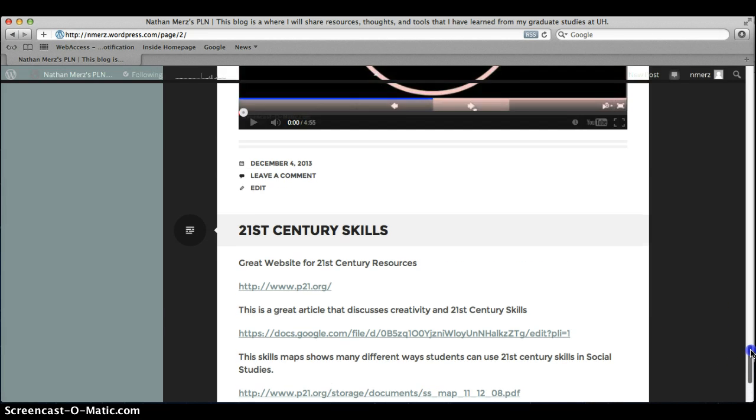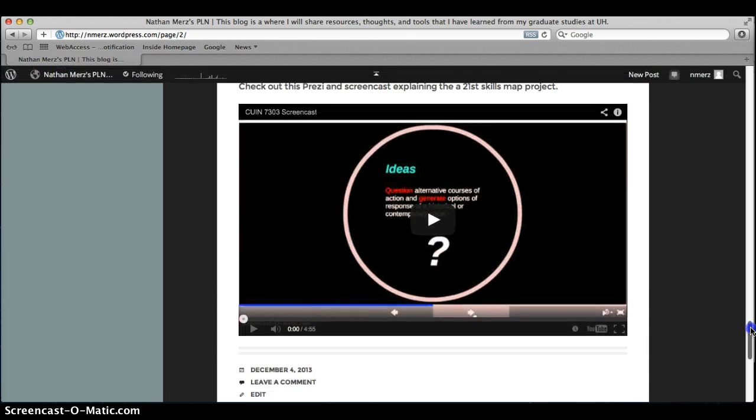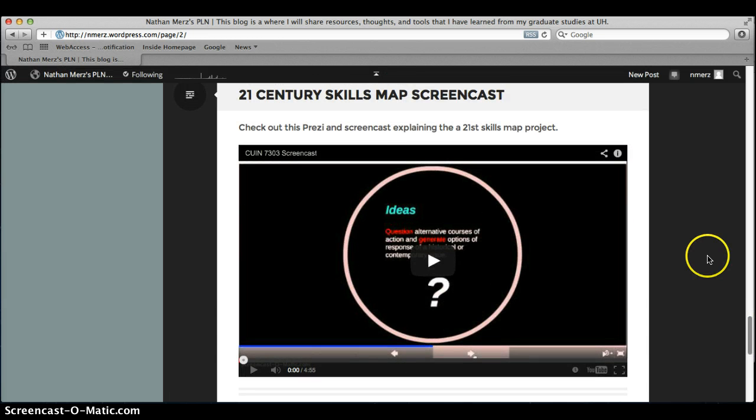The next post I made was about my 21st century skills map that I got from the P21 website, and the screencast slideshow that I made for that skills map. In the slideshow, it talks about specific things that my skills map wants the kids to learn and convey.